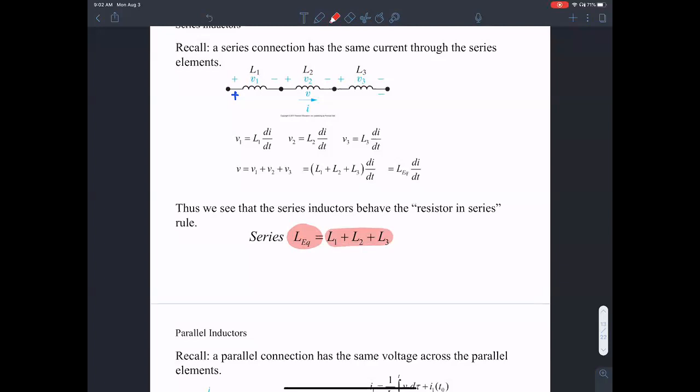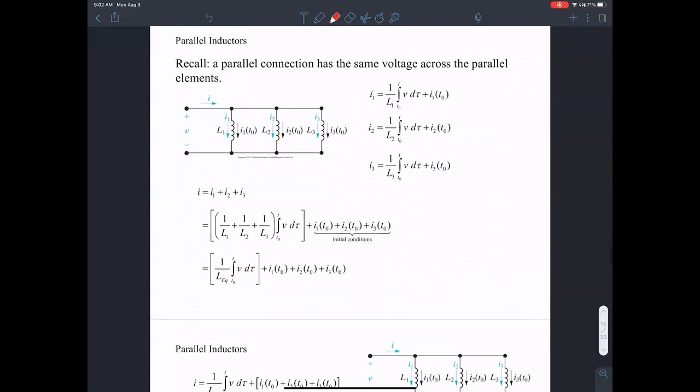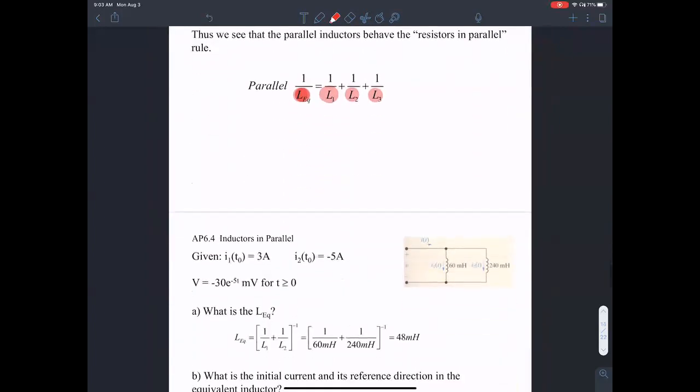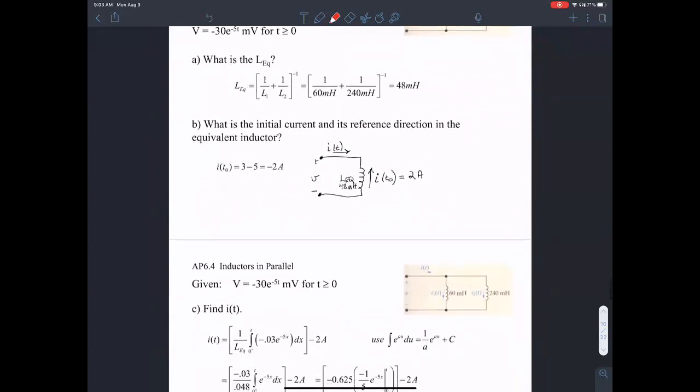Similarly, when you look at inductances in parallel, their equivalent is the reciprocal of the sum of the reciprocals of each of these inductances. We saw this already.